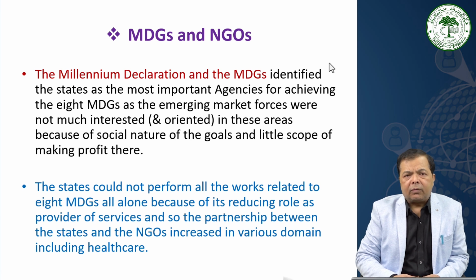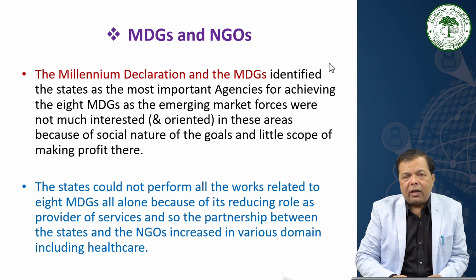In that situation, when the government is narrowing its areas of interest, those areas could not be left open only for the private sector, because some of them did not have scope for profit making, or were very sensitive.